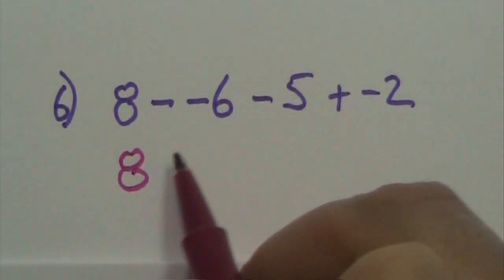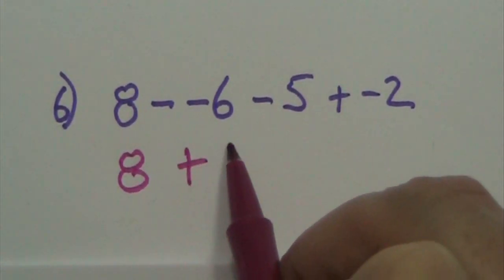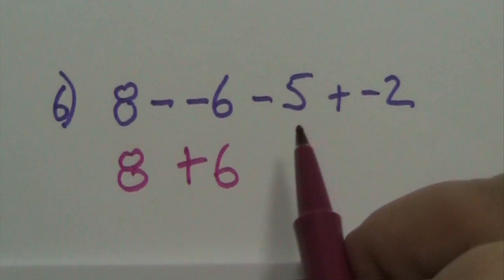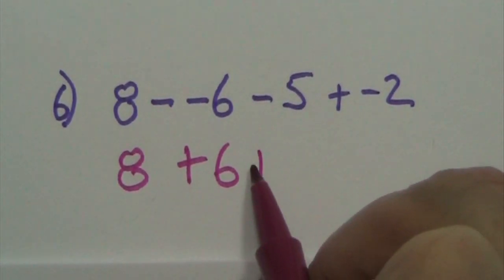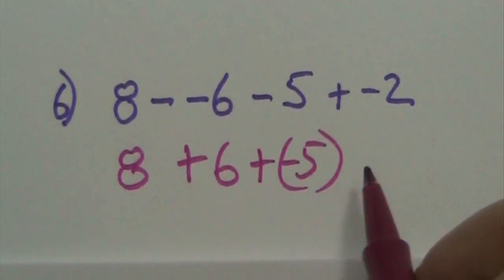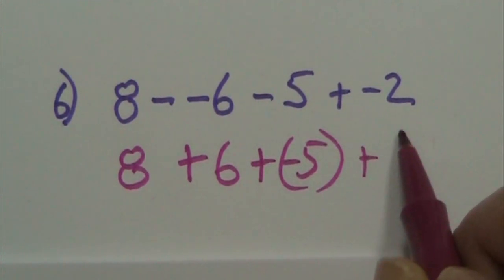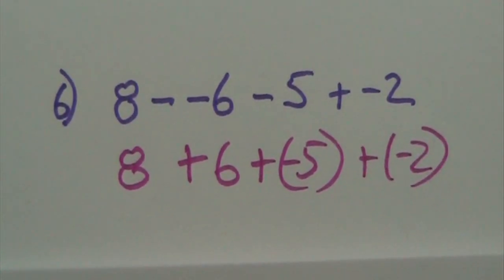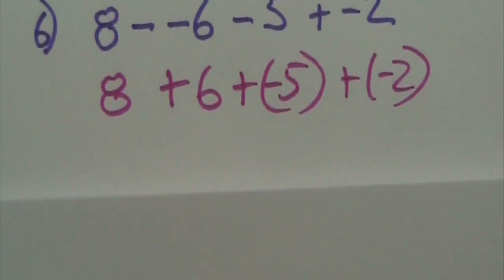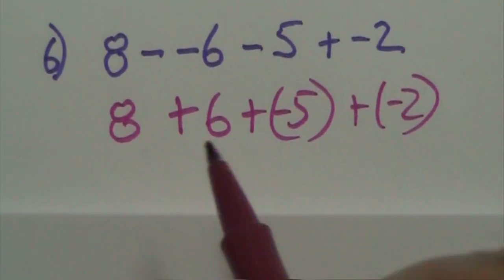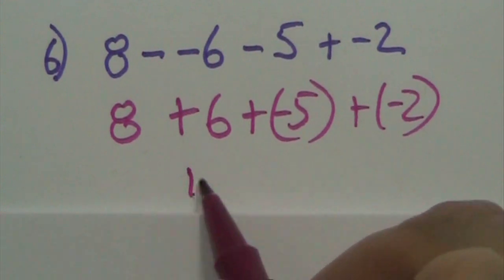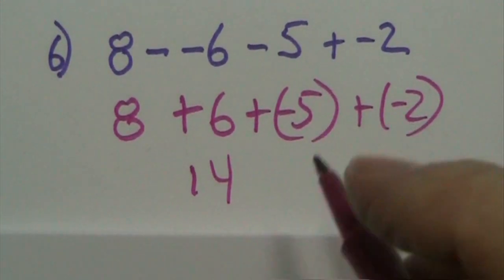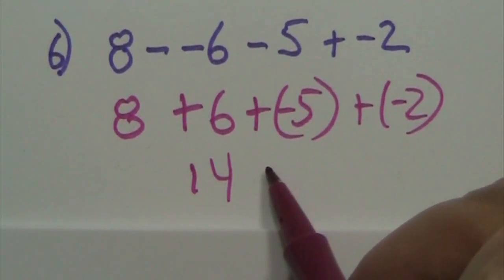So I have an 8. This makes a big plus. That's a positive 6. That's a negative 5. And negative 2. If you want to use parentheses, you can. And you can just go left to right, or however you want to do it. 8 and 6, that's 14. 14 and negative 5.